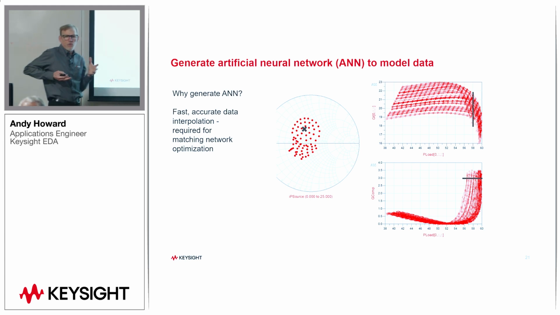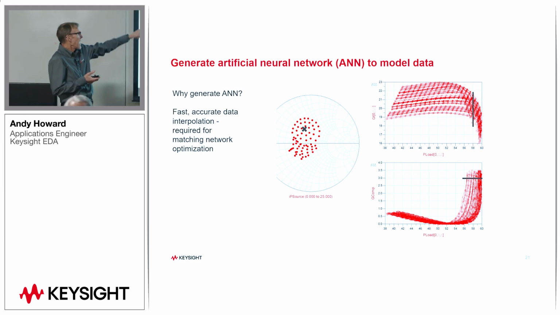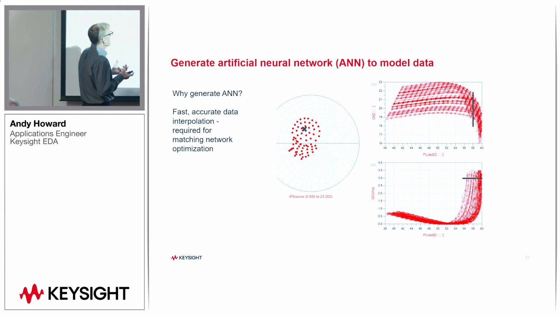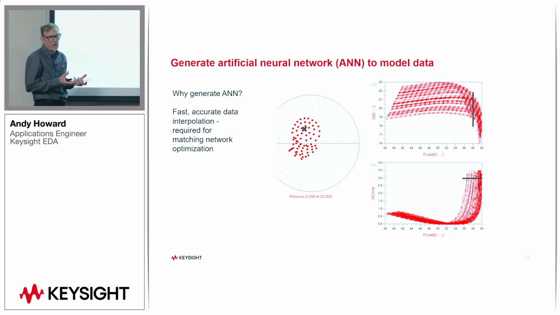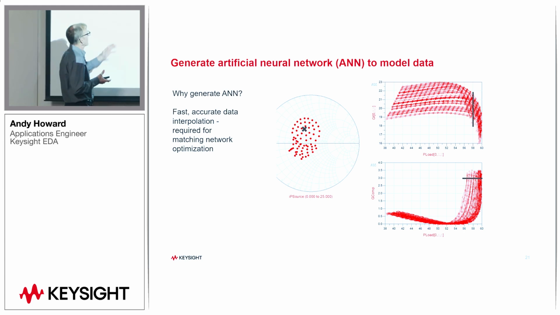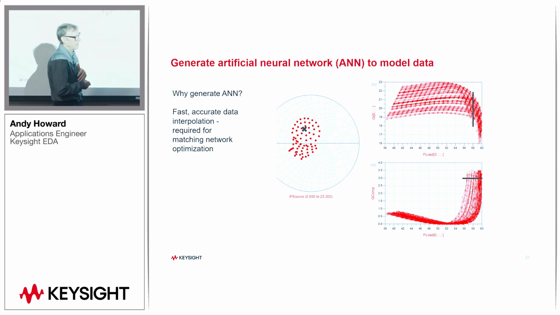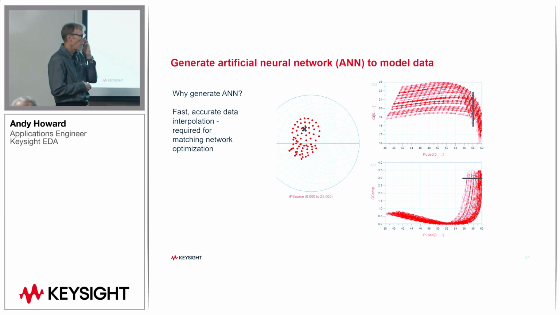And in order to evaluate whether that X is good or not, we need to be able to interpolate the data in the measured data file, and we need to be able to interpolate it efficiently. This is the measured data, this is gain, but there's also efficiency, DC power consumption, bias current, and other parameters that are of interest.